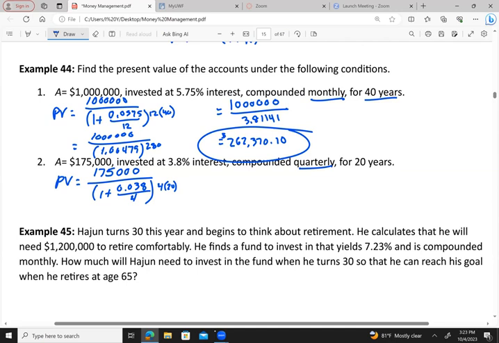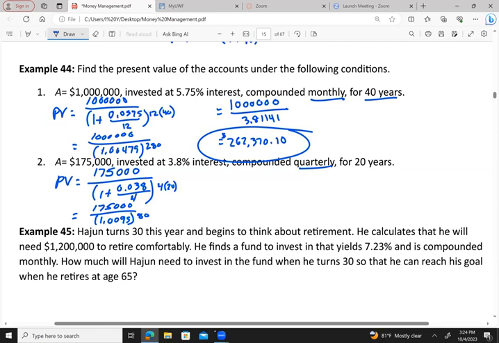So I'm looking at 175,000 over, and then 0.038 divided by 4, and add that to 1. I get 1.0095, and this is to the 80th power.